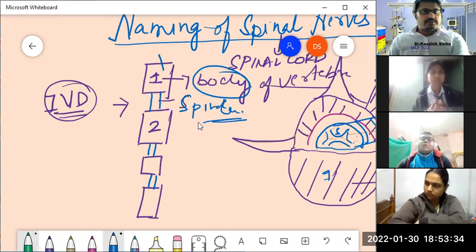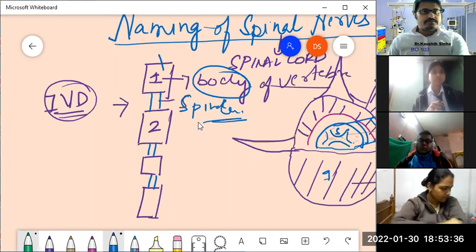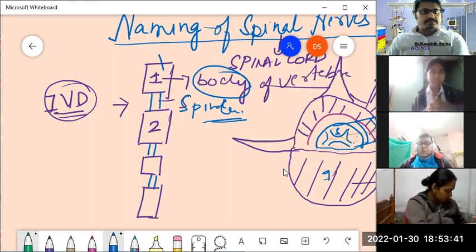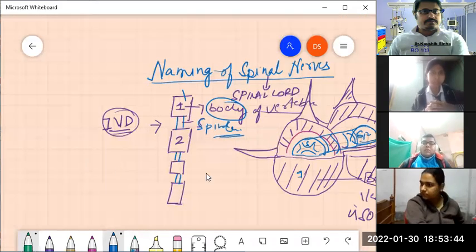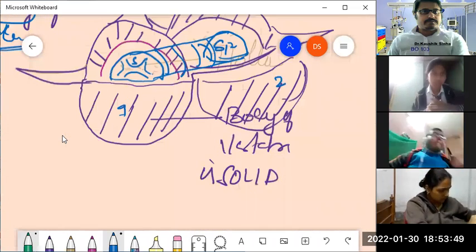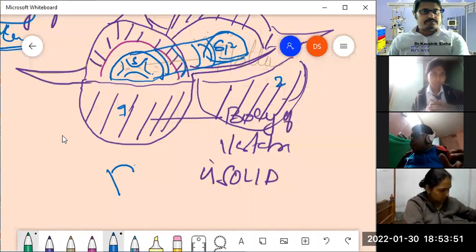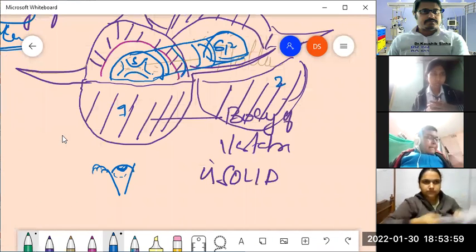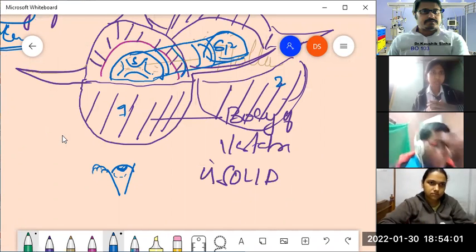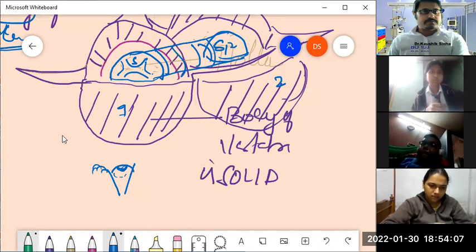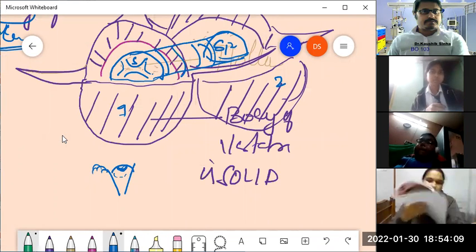Are you understanding? The spinal cord is a continuous structure that we have already seen in this diagram. Now, if this be my eye, and I am trying to see the spinal cord, would I be able to see the spinal cord as long as the body of the vertebrae is present in front of it?